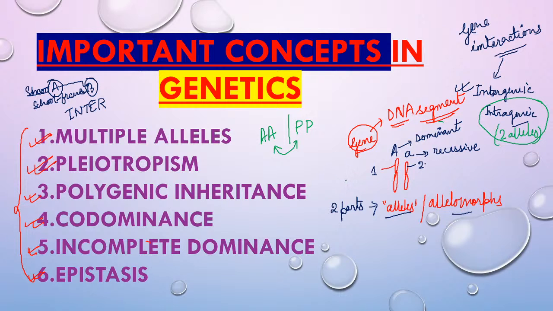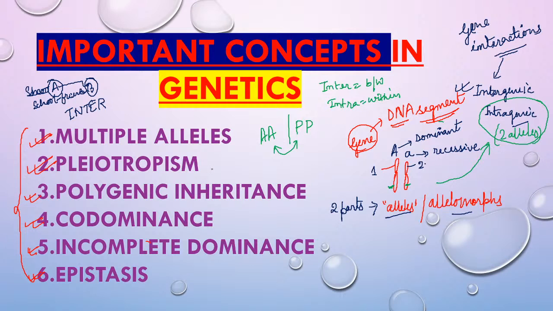Intra means within and inter means between. So when there is competition between two alleles of a gene, between capital A and small a, it will be known as intragenic gene interaction.